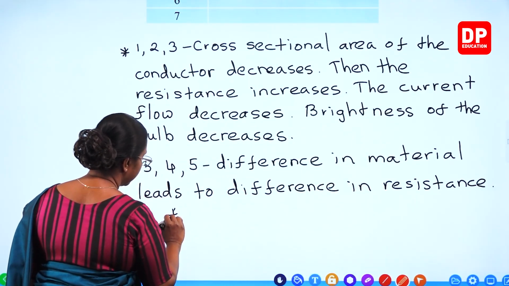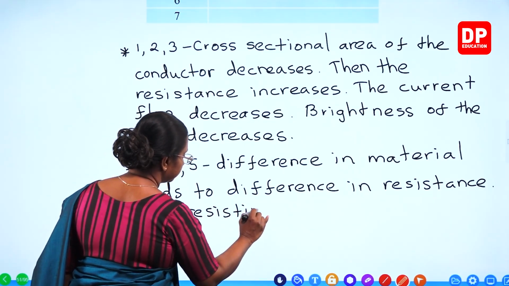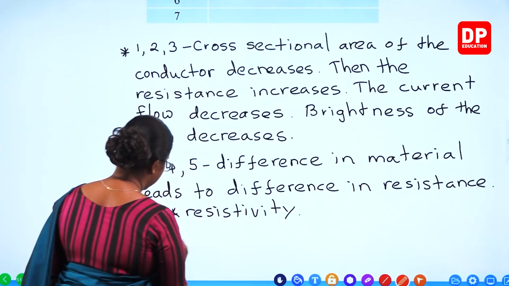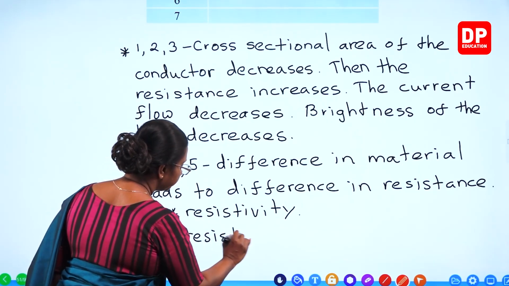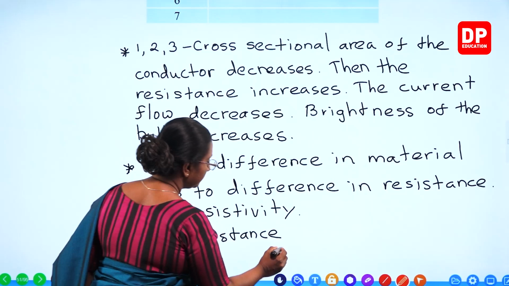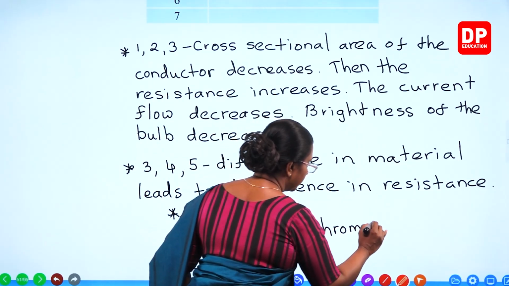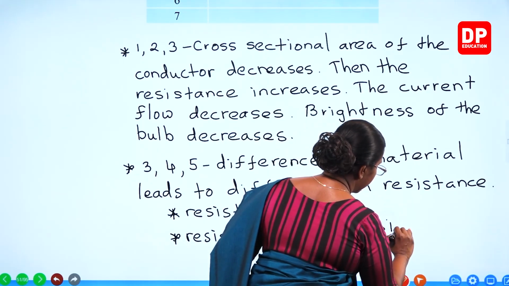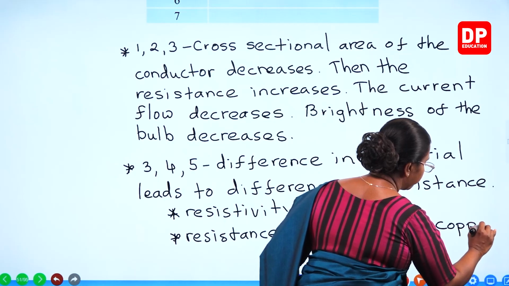That is known as resistivity. And also, if you consider the resistance, nichrome highest, then iron, and then copper.